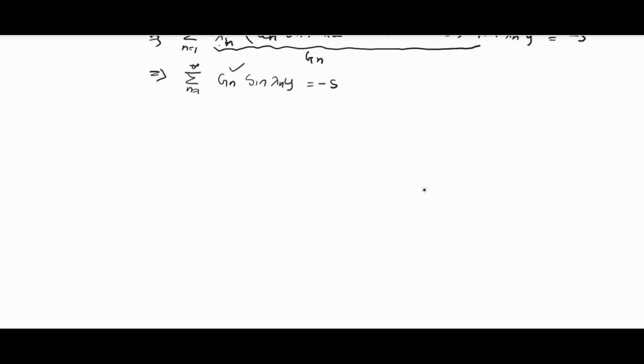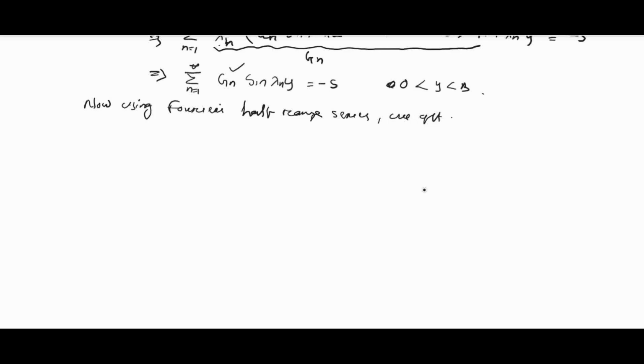Now, using Fourier's half-range series, what do we get? For this we are using the values of y, which means 0 to b, that is, 0 less than y less than b.